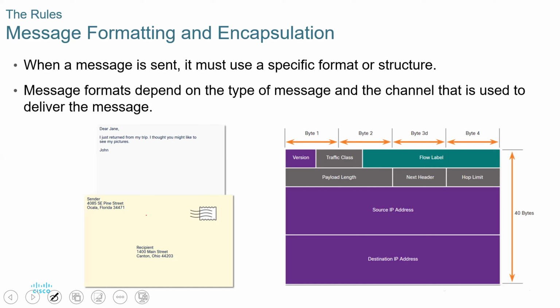Now, additionally, there's what we call the header information. We're going to see in this topic today that there are different levels of messages when it comes to communication. There are different layers that the message has to pass through. And so, because there are different layers the message has to pass through, this message is formatted from the sender in a particular layer to a receiver at the same corresponding layer.